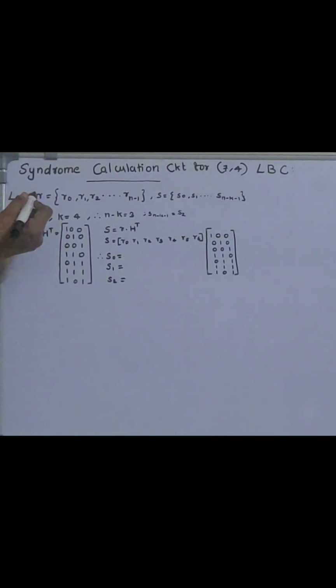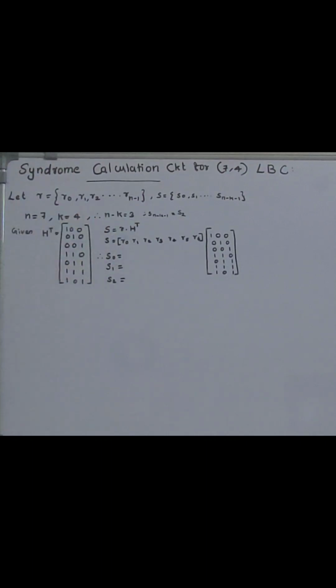Since the code word is of n numbers, the received vector is also with n numbers. So the size of the code word is n, so the size of the received vector is also n. For (n, k), that is (7, 4), here n equal to 7 and k equal to 4.